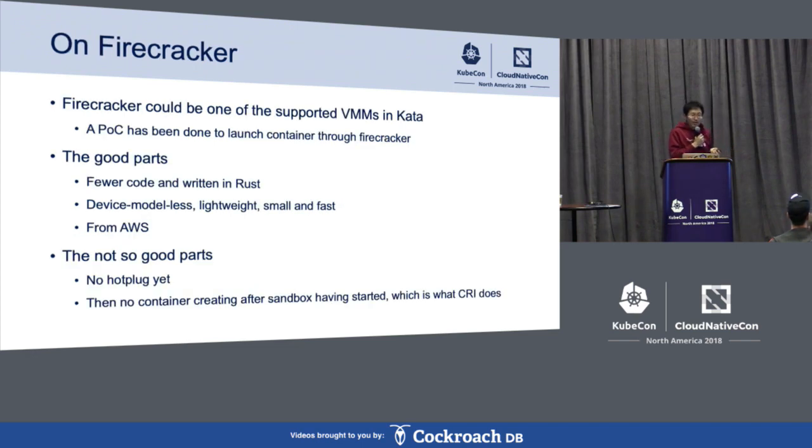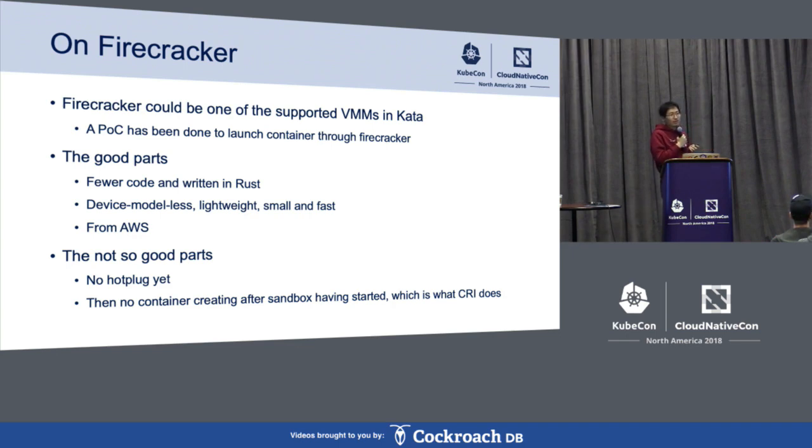And on the Firecracker part, yes, we have done some tests from that gentleman. He already has a POC to launch the container through Firecracker from Kata. The good part is Firecracker has less code and is written in Rust.